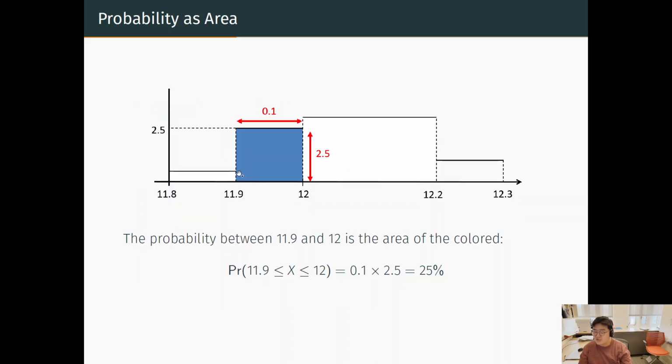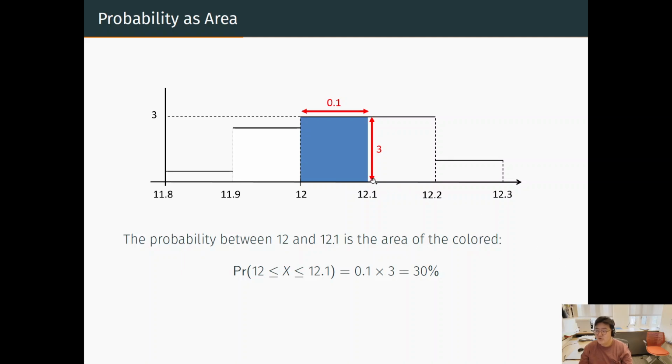And if you are interested in the probability between 11.9 and 12, you have to calculate the area on the interval below this function. The width is 0.1, height is 2.5. Then the area of this rectangle is 25%. That is how we calculate the probability.